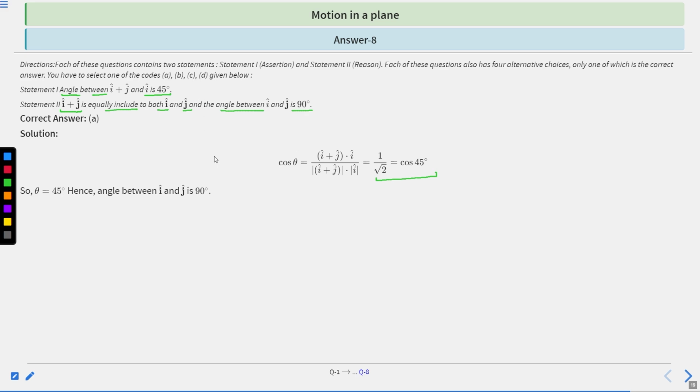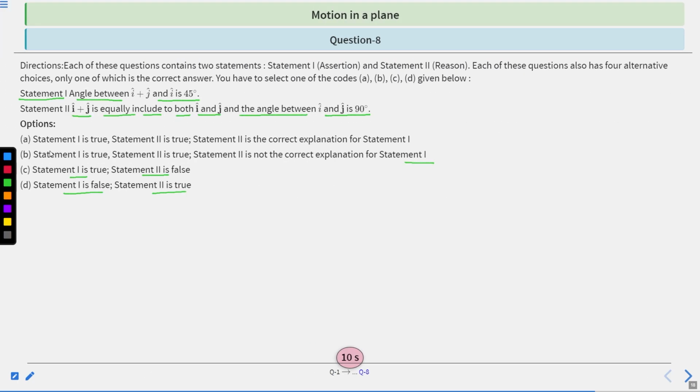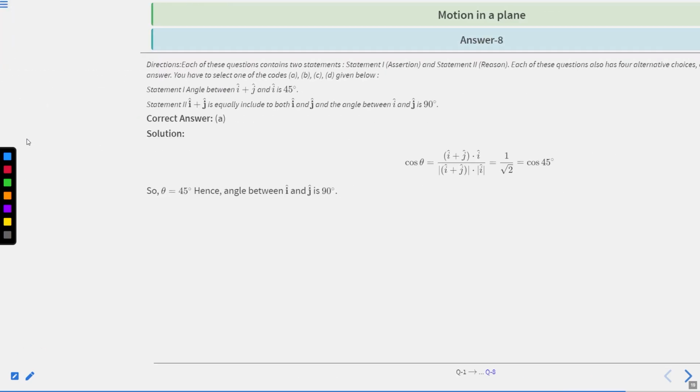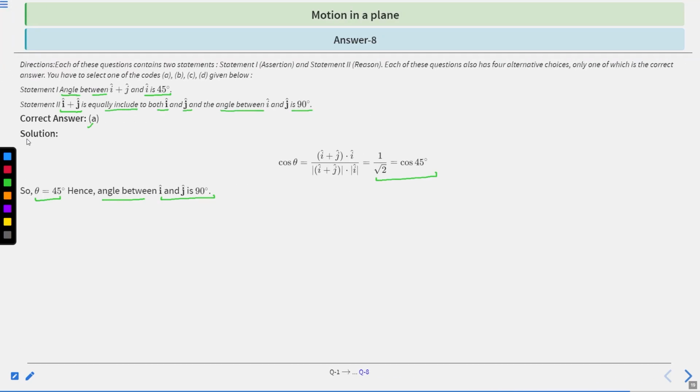This question is solved using the scalar product. So theta is 45 degrees, and hence the angle between i and j is 90 degrees. So the correct answer is A. This is the solution of question 8.